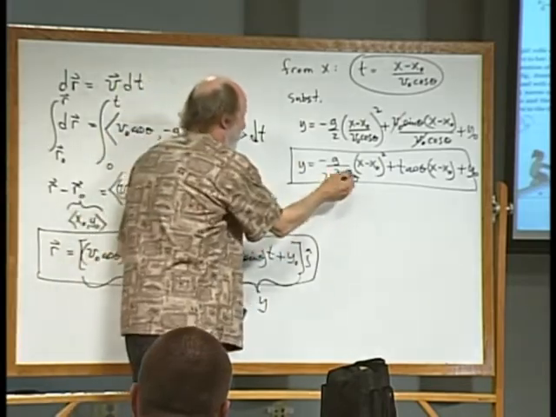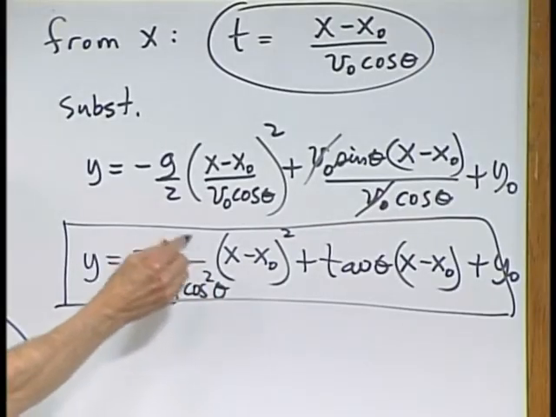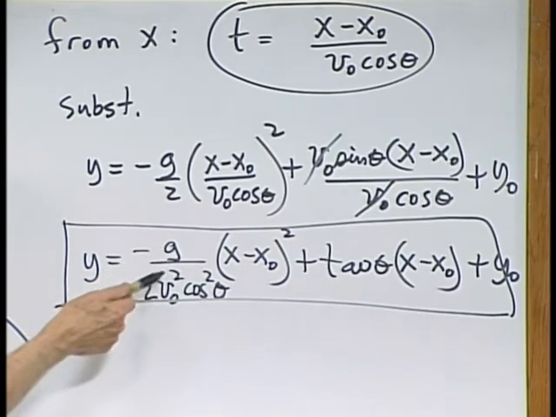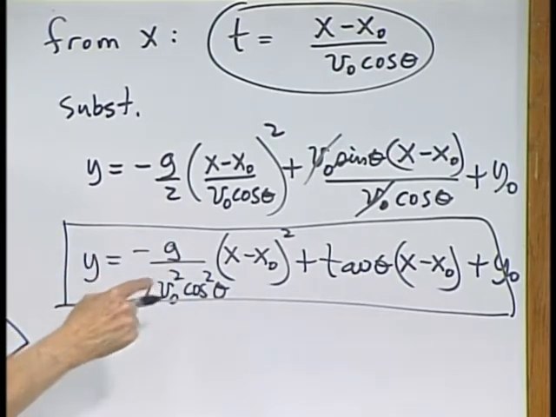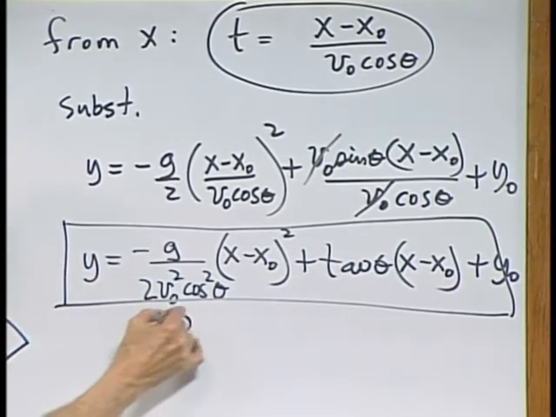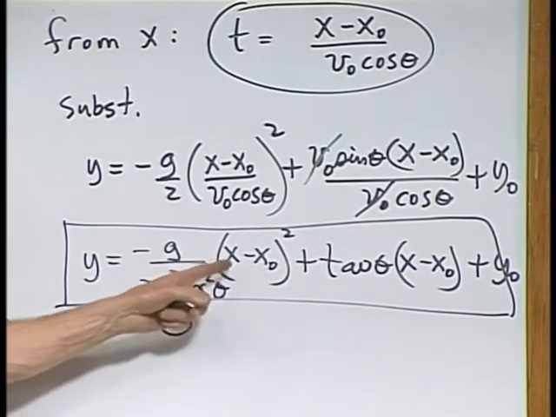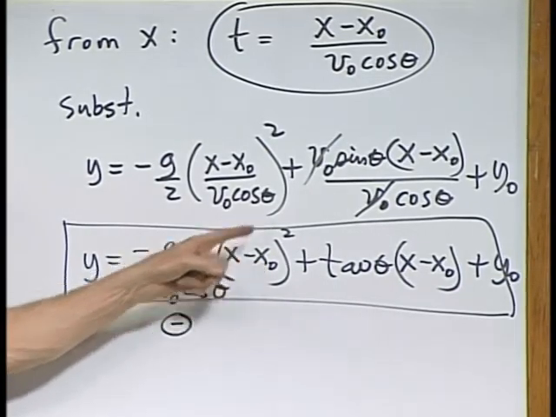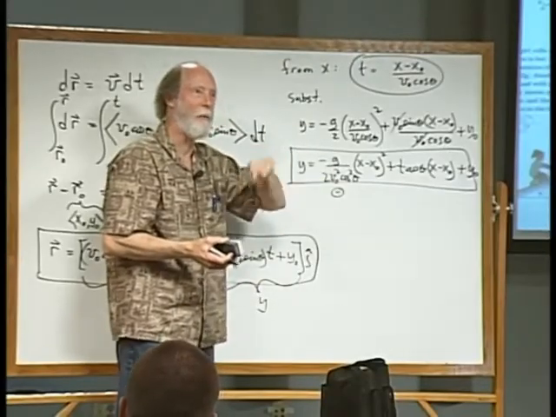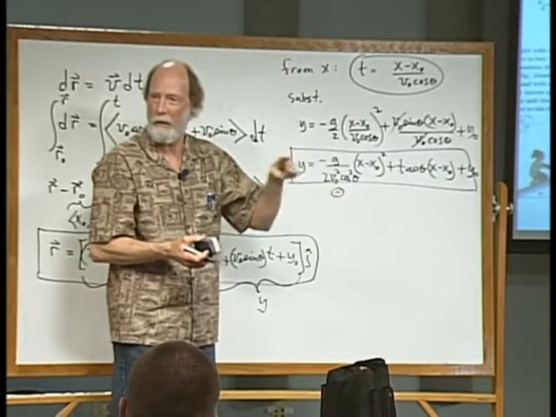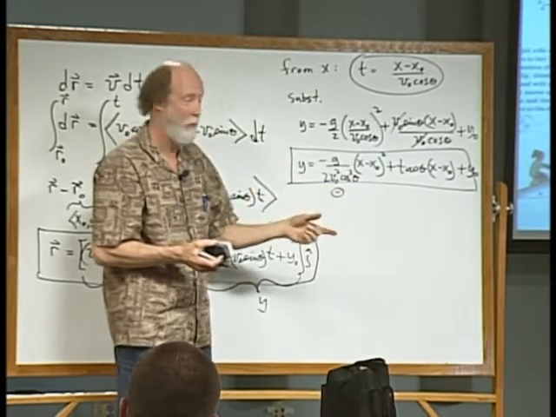Notice this initial term out front involves the g and these squared values down below, so this leading term is less than 0, isn't it? Times x minus x naught squared, which means it's what shape of a parabola? Concave down. Always a concave down parabola. Okay?